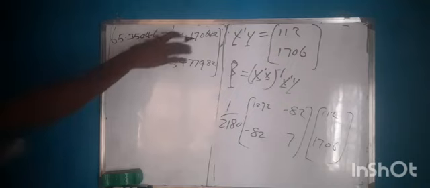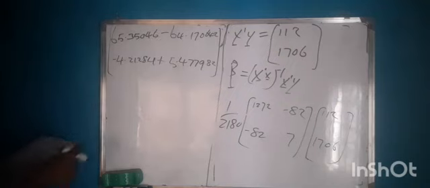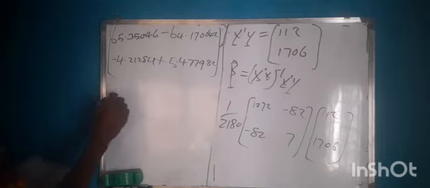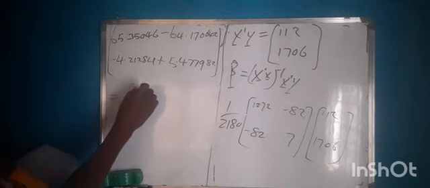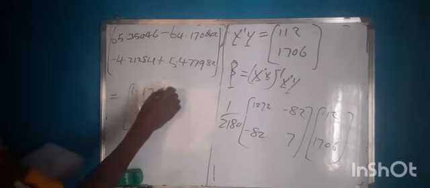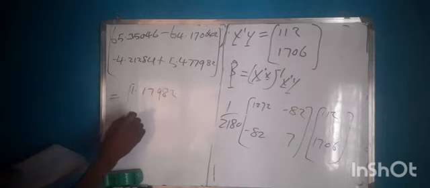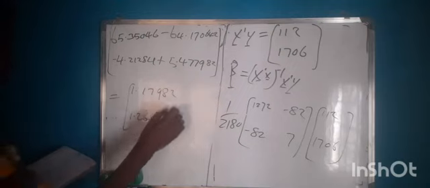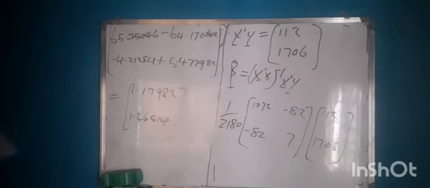So if you take the sum, if you subtract, you have this to be equal to 1.17982 and 1.26514. This is what we have.